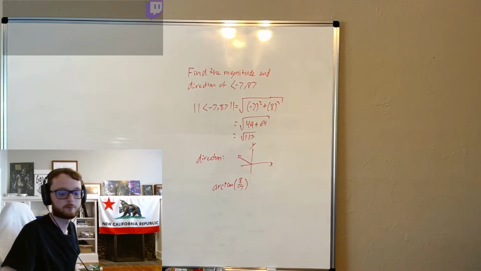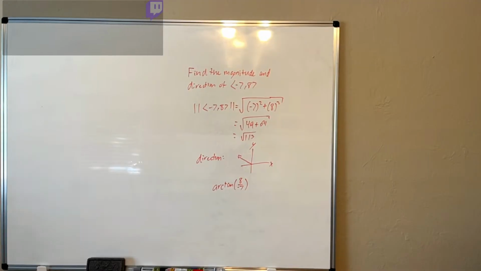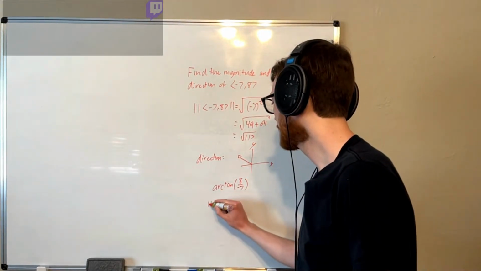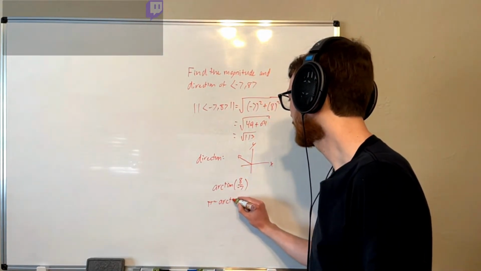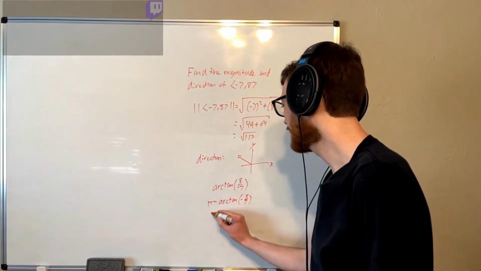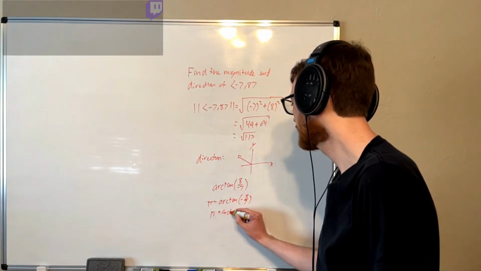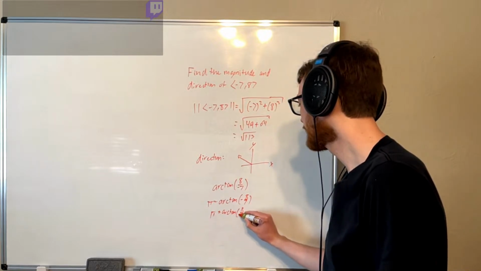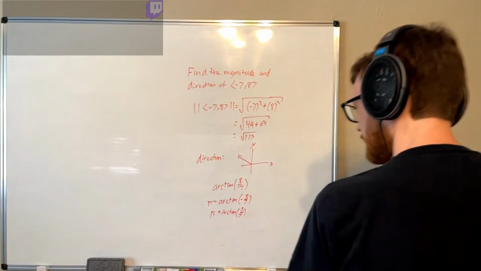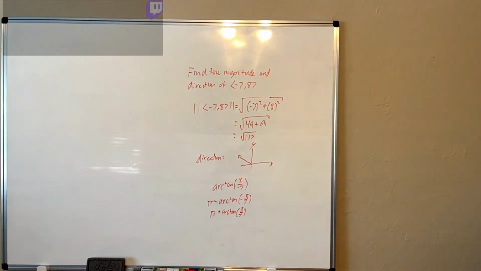You're going to end up doing pi minus arctan of minus 8 over 7, which is, if you use trig identities, pi plus arctan of positive 8 over 7, because arctan is odd. It's not really a trig identity, I guess, but yeah.